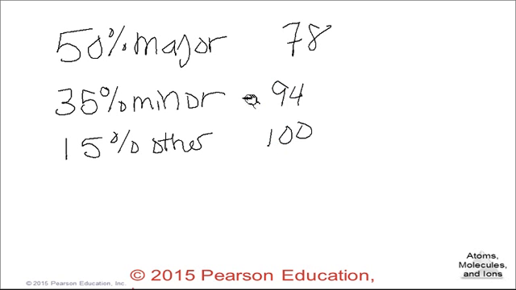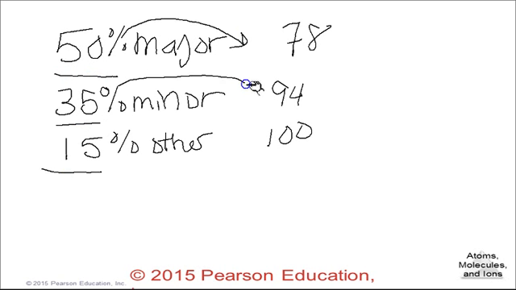the way that you would calculate your grade in the class is very similar to the way that you would calculate the atomic mass. So what you would do is convert these percentages to a decimal, multiply them by the number that they represent, and then add all of those numbers up to get your final grade.